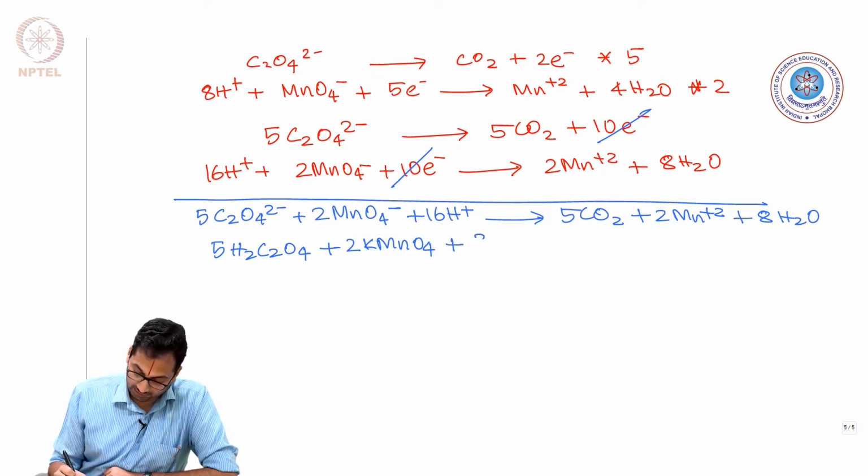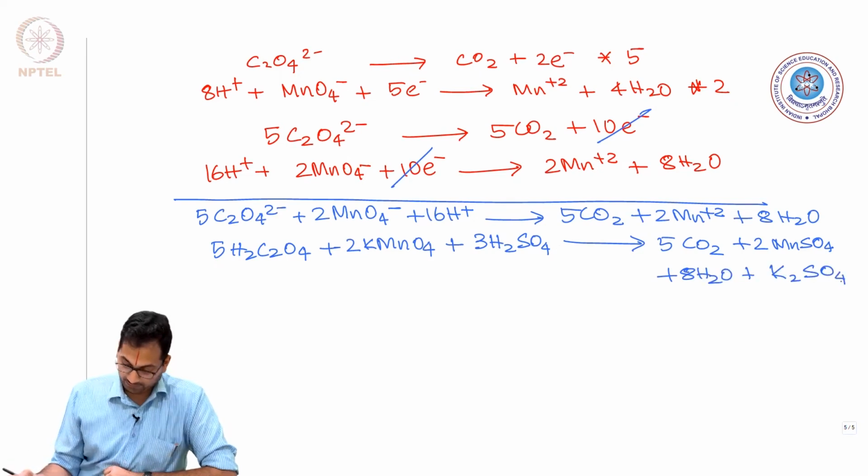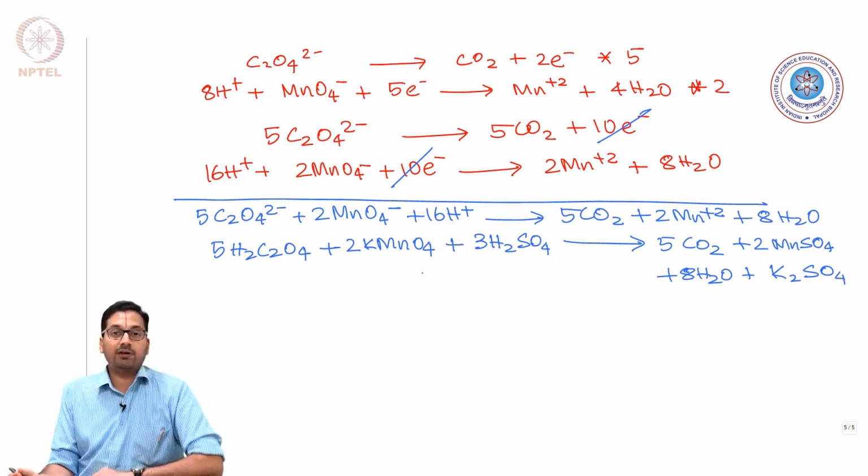So 6 can be written as 3H2SO4. You need an acid for this redox reaction to happen. It's going to result in 5CO2 plus 2MnSO4 plus 8H2O. Remember, there is potassium, so K2SO4. So you have 3 sulfate on the left and 3 on the right side.